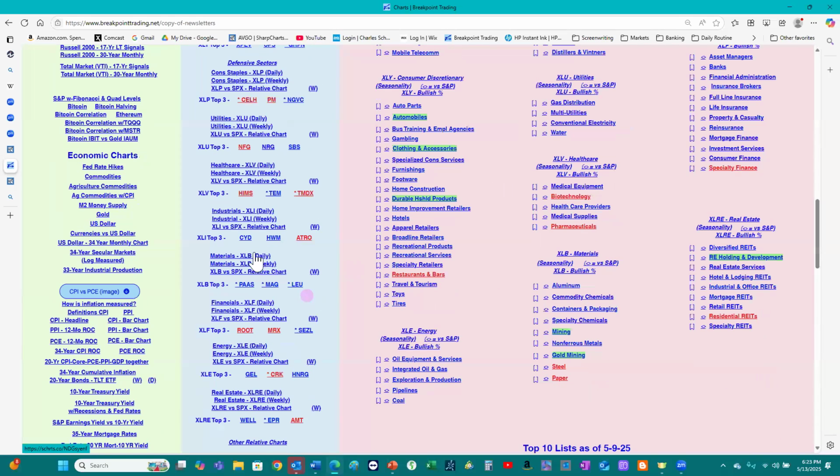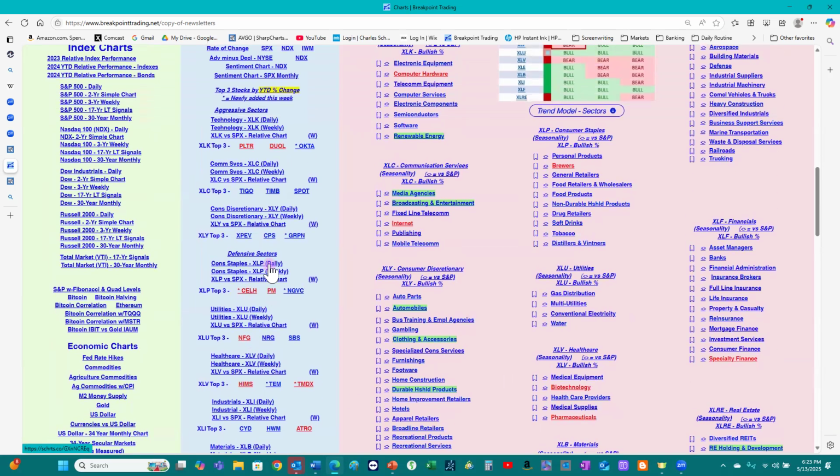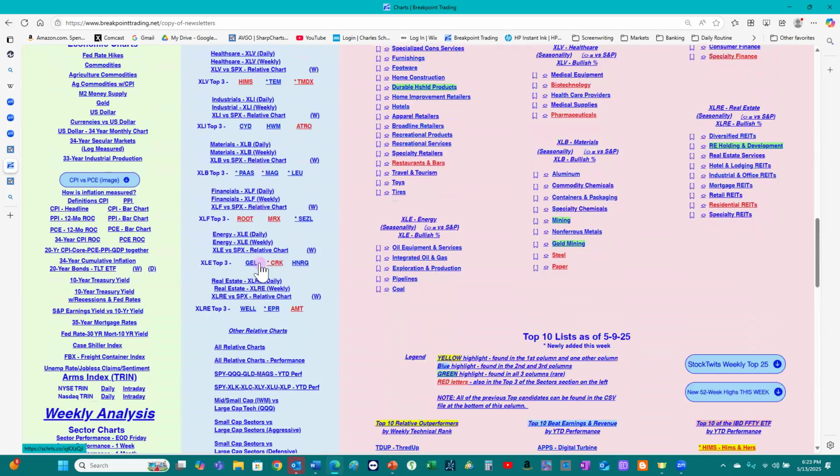And what you'll notice over here under utilities is NRG. And NRG, if it has an asterisk, that means it's new for this week. NRG does not have an asterisk, so it has been here actually for quite a while. So for those that are subscribers, if you do nothing else but on Sunday, just go and take a look at the sectors and look at the top 3 names in each of the sectors.